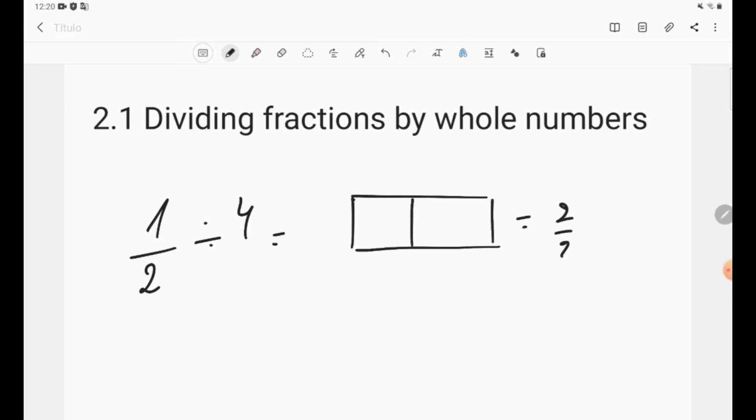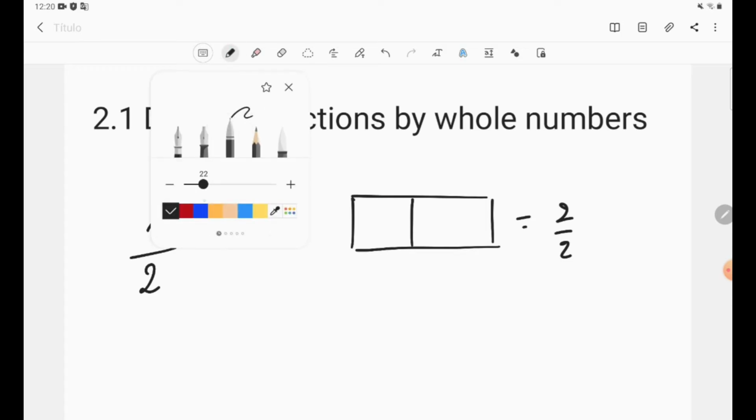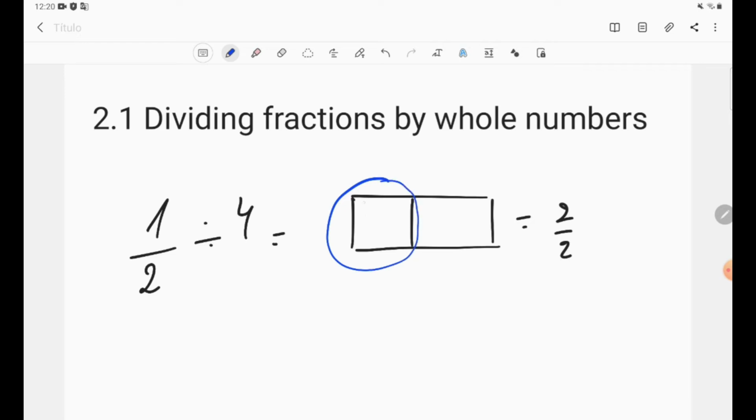And this is 1 over 2. So 1 over 2 divided by 4 means that we divide this part in another 2 parts. 1, 2, 3, 4. This is how dividing fractions by whole numbers works.